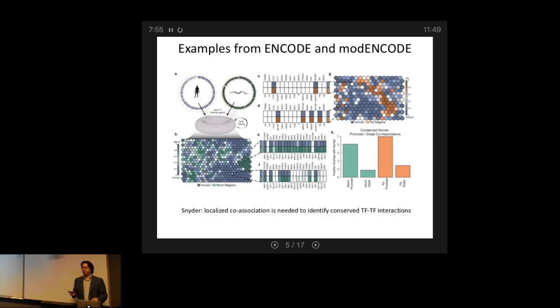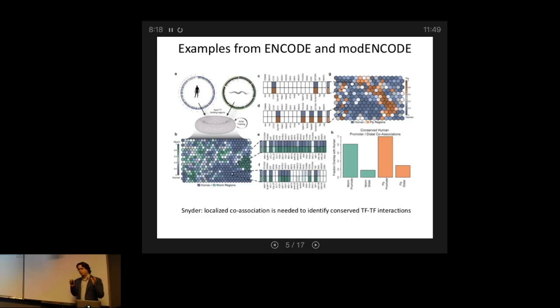They were going to match up. So you look at CTCF, you ask where does it bind, and then you ask which other transcription factors bind with it. And then you ask, is that the same? Is that cohort the same in human, worm, and fly? And the answer was no. In fact, it looked bloody awful. It wasn't the same for a single transcription factor. None of the imputed transcription factor interaction events were conserved.